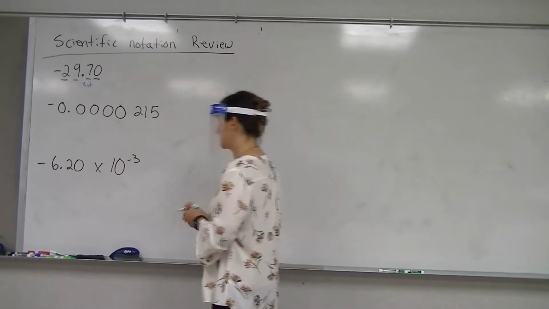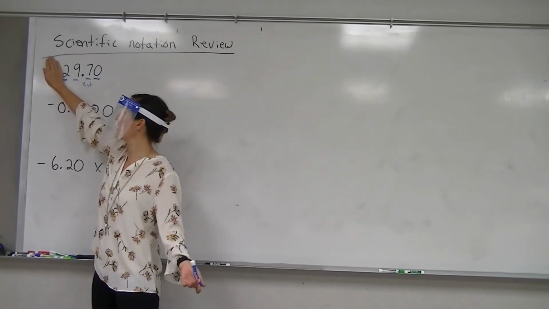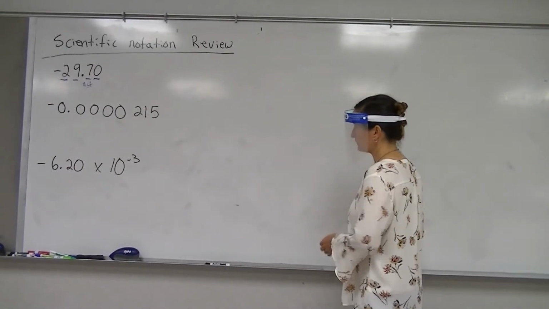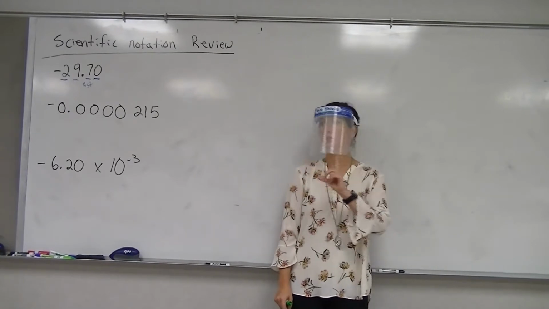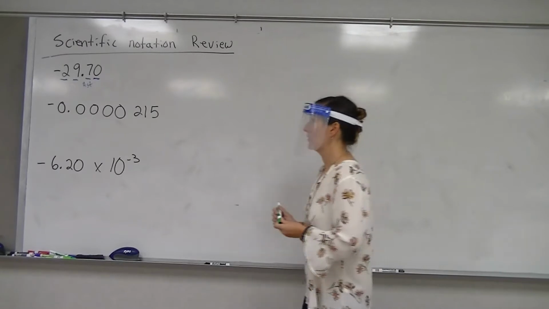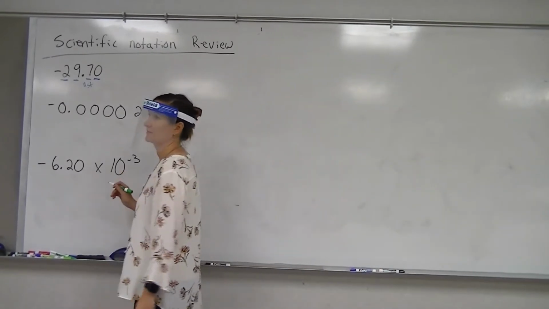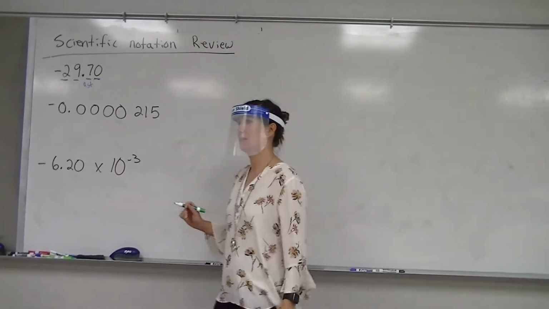If I'm going to put this in scientific notation, I'm just going to ignore that negative sign and follow the rules that we talked about last class. We want to make sure there is one non-zero number to the left of the decimal. So where is our new decimal point going to go? Between what 2 numbers? Yeah, I started a minute or 2 early.